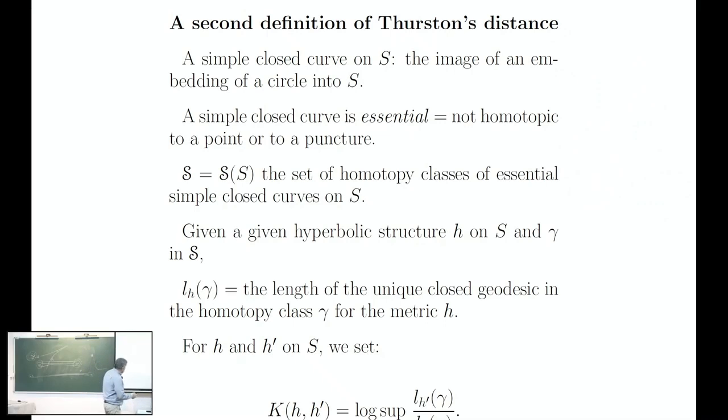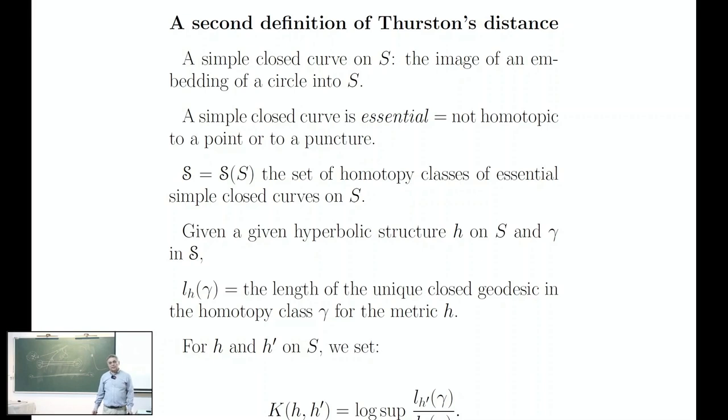And I already talked about this set, script S. This is a usual notation. All the people working on this theory will denote by script S the set of homotopy classes of simple closed curves.